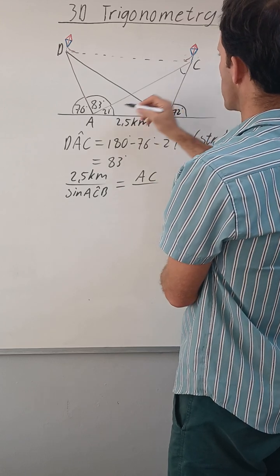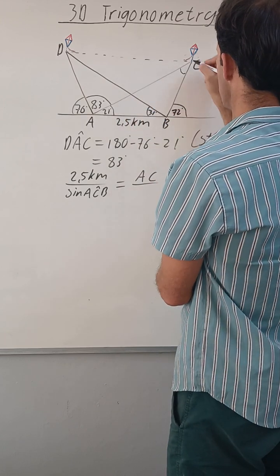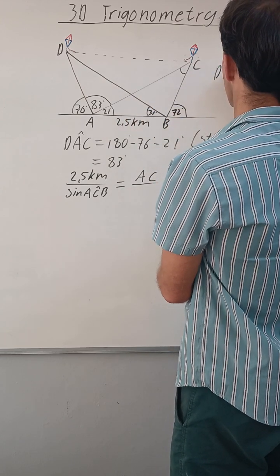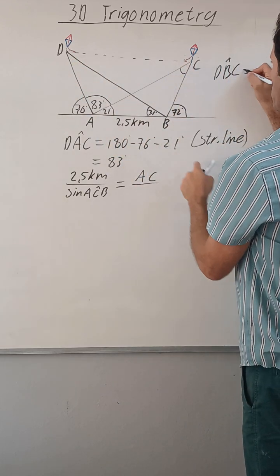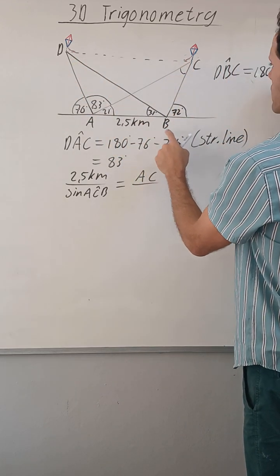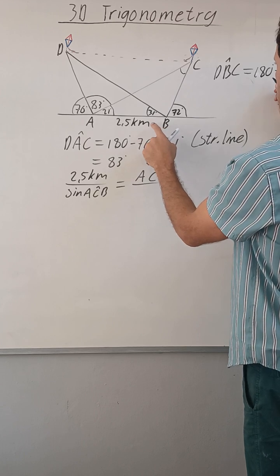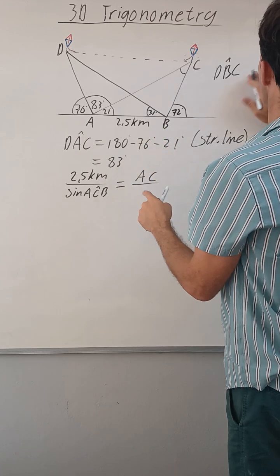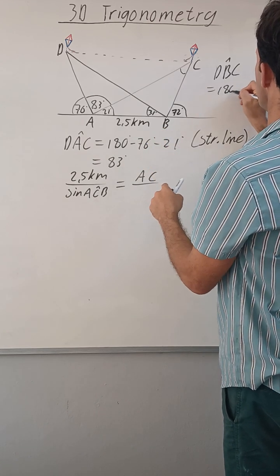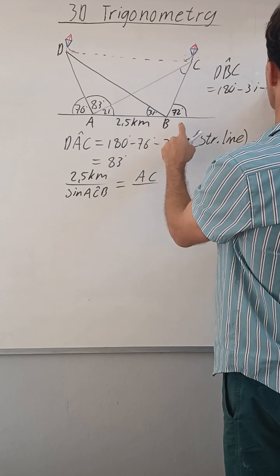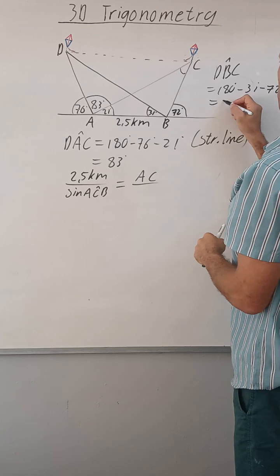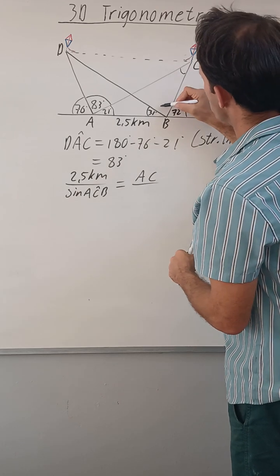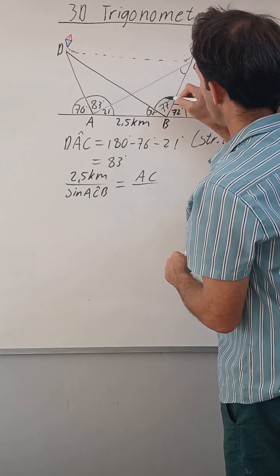So then on the side line we can find DBC. This angle DBC is equal to 180 minus 31 minus 72, so that's 103, so it's going to be 77 degrees. So now we also found this one, 77 degrees.